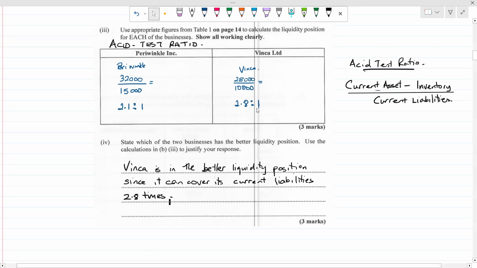In the event of any uncertainty, Vinca is in a better position because they could cover their liabilities 2.8 times. So it makes them a bit more resistant to external changes that they can't foresee or do not have any control over. Understand?